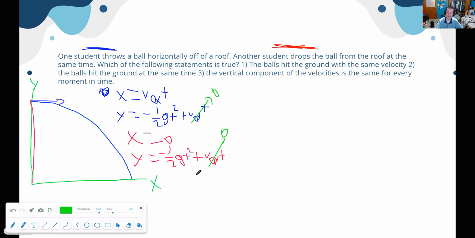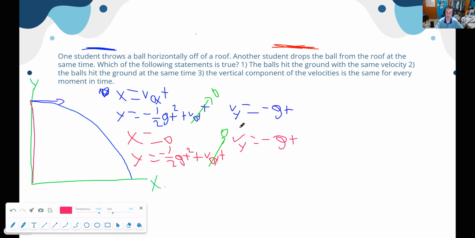At any moment in time, the y position of both of these balls is the exact same. And so because of that, you can take the derivative or just write down the expression for the velocity in the y direction. So v sub y here would be equal to negative g t. And then down here, the expression for the velocity is also negative g t, okay?